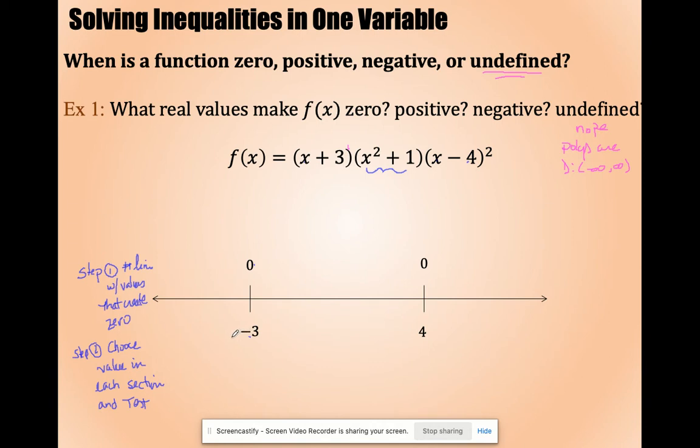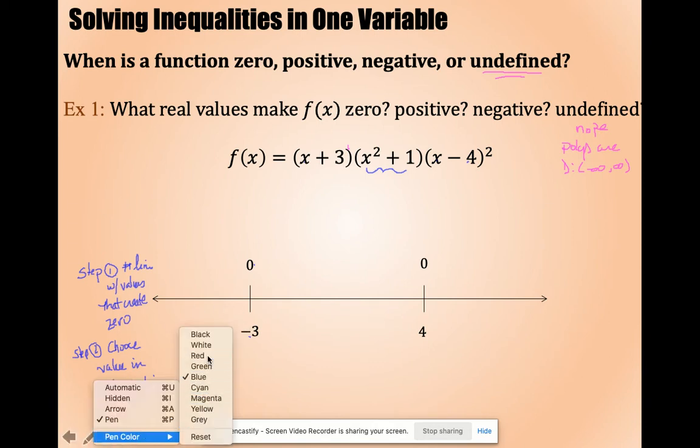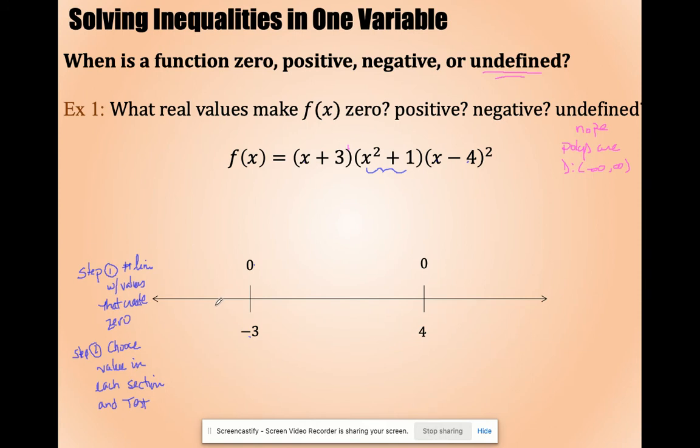So test any number below -3, any number at all. For instance, -4. Choose -4. Now, please do not multiply this out.